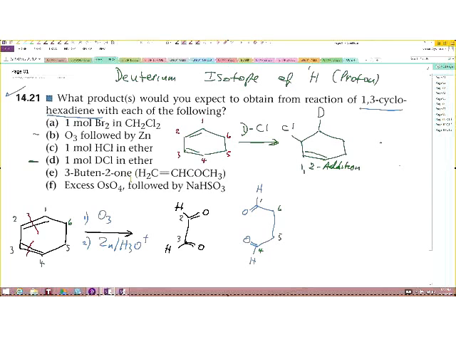So we expect to get deuterium here, the double bond here, and the chlorine here. So this is the 1,4 addition product.